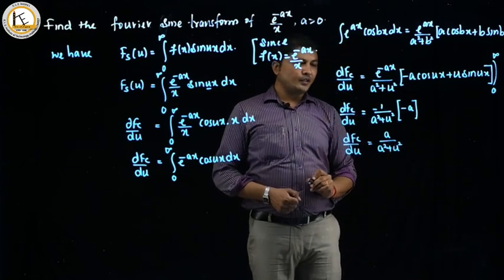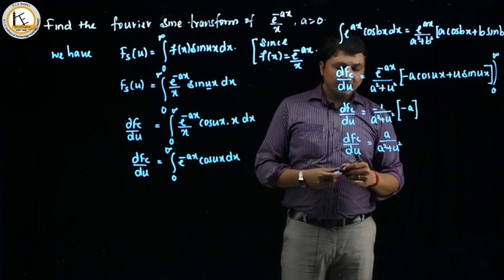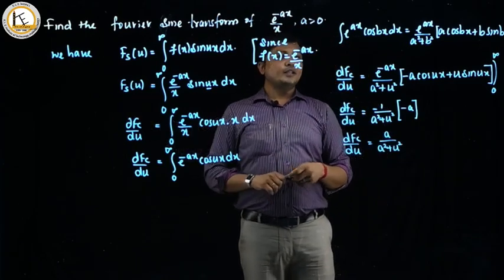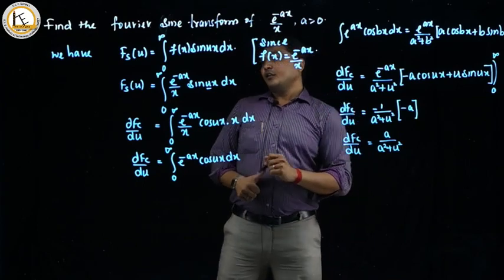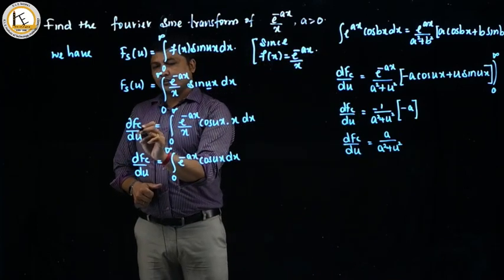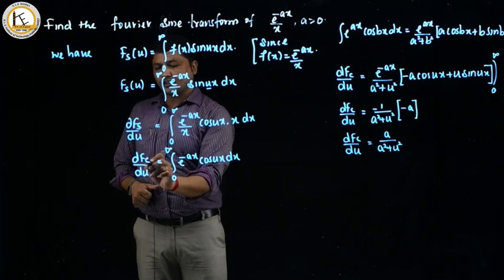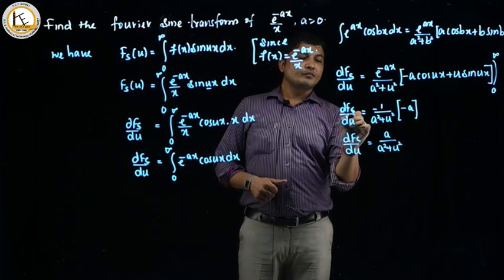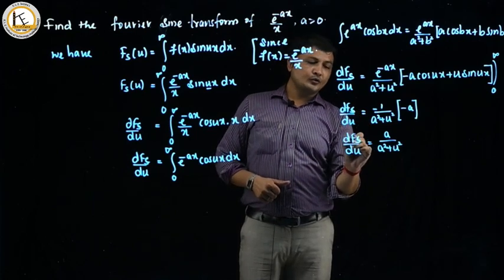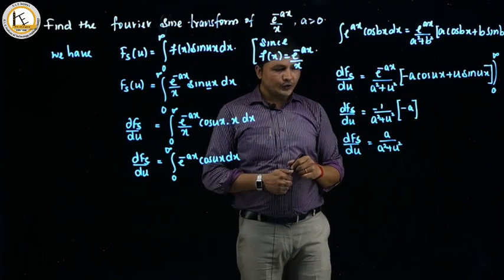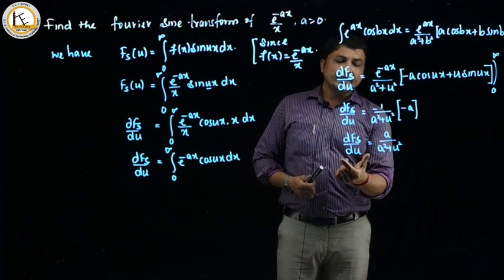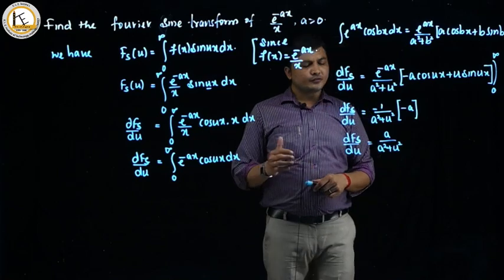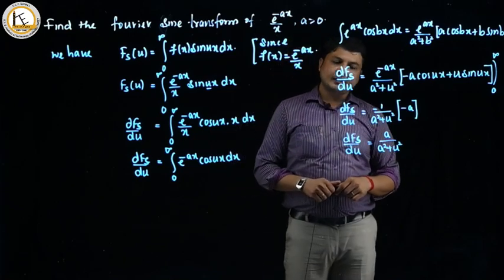So we have the derivative of Fc, but we need Fs of u. Sorry, there is a small correction here, it is Fs. To have Fs of u, we need to integrate at this stage, because we have a derivative but we need Fs of u.